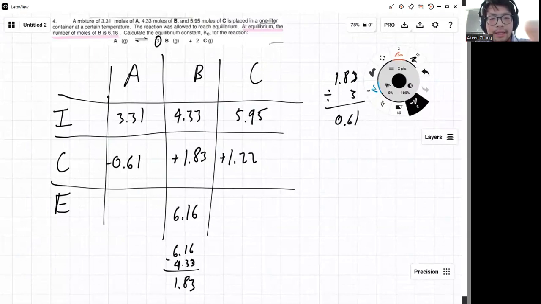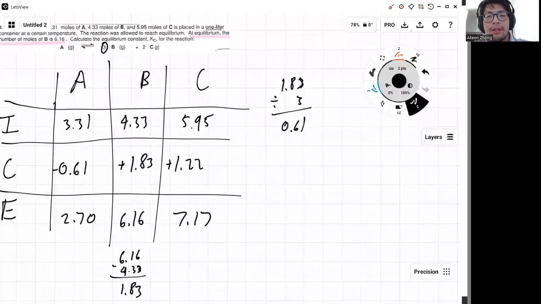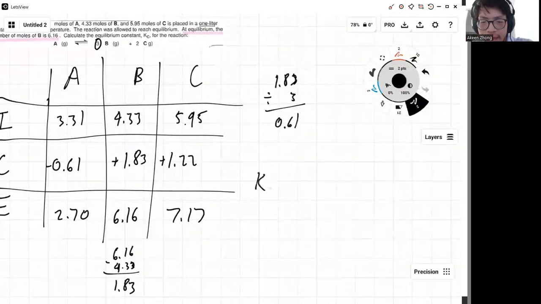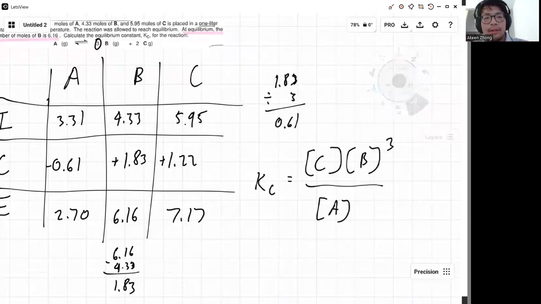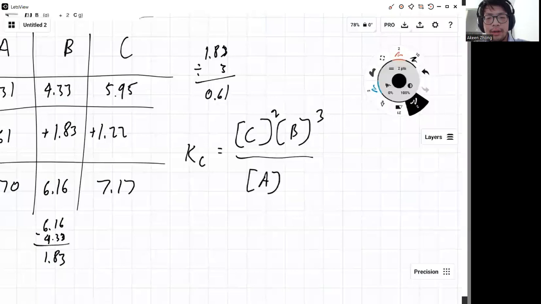Simply add these together, subtract this, we get 2.70, 6.72, and now we can determine our equilibrium constant, Kc, which is our products, C, B over our reactants. Now don't forget our coefficients, because we use 3 for B, so it's cubed, and 2 for C, squared.